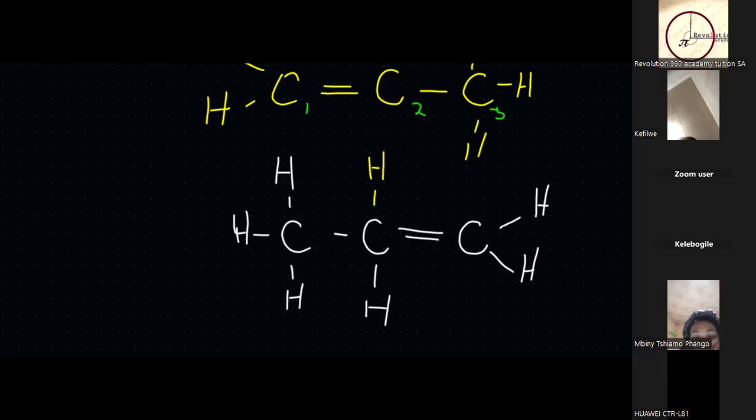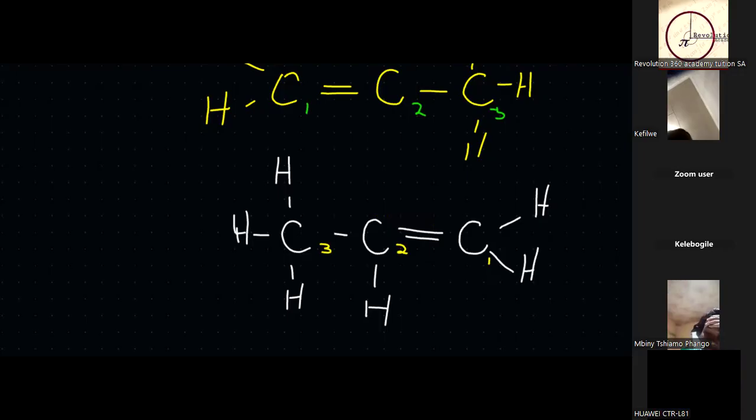Do you get to see? So that's wrong. That's very wrong. Any question? So with regards to this, this will be for someone who labels it like this: 1, 2, 3. They're still going to be correct because that will serve as a structural formula for propene. Any question?